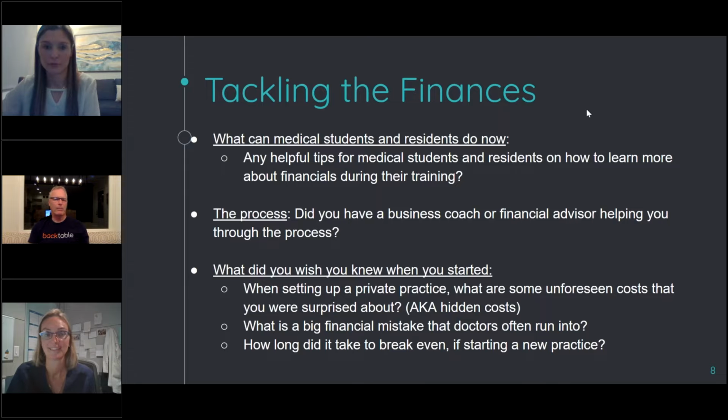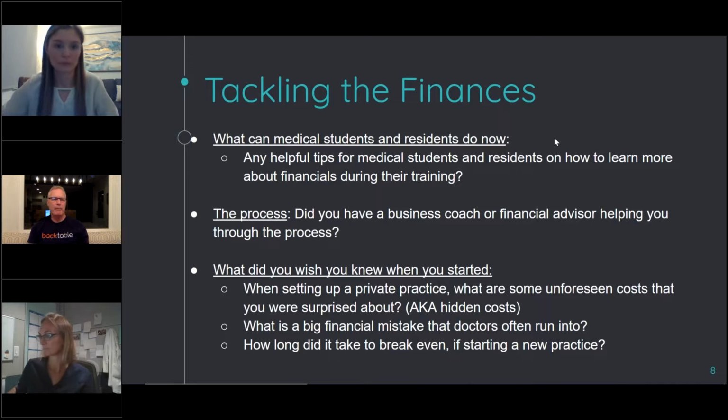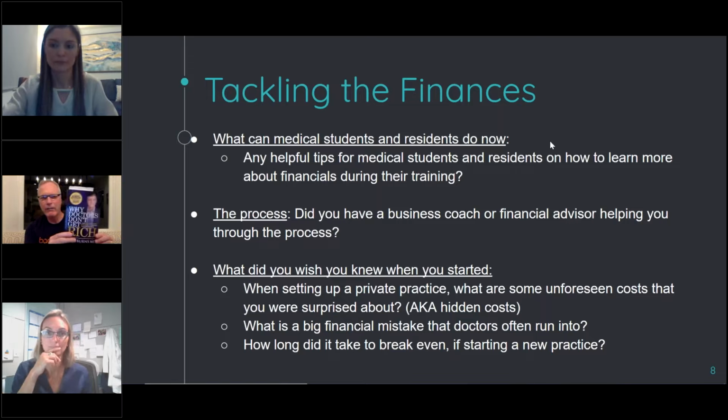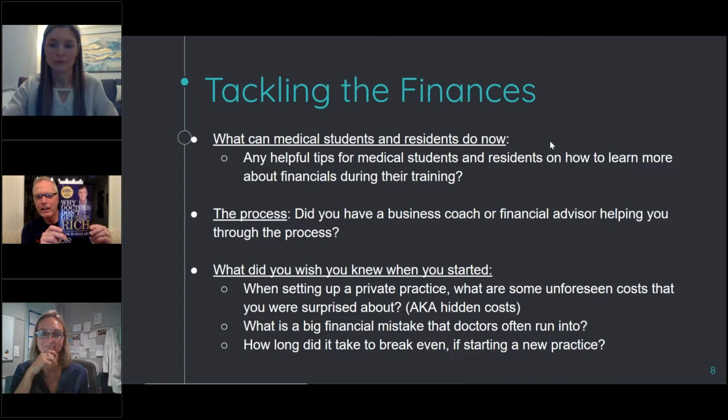I think mentorship is really important, not only for clinical acumen, finding IRs, doing electives in IR to get the broadest training. Same with financial. In fact, I'm reading this book right now, I don't know if you can see it, Why Doctors Don't Get Rich. So hopefully there's some good financial nuggets in here.